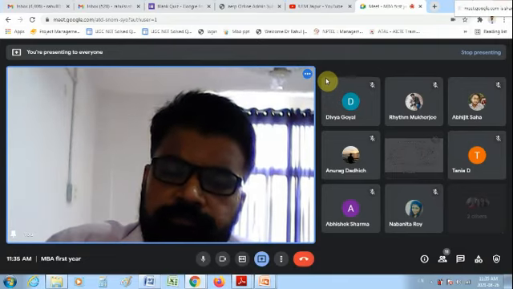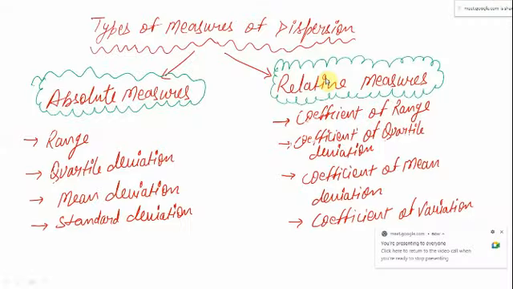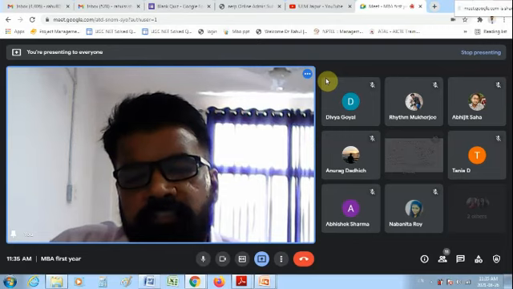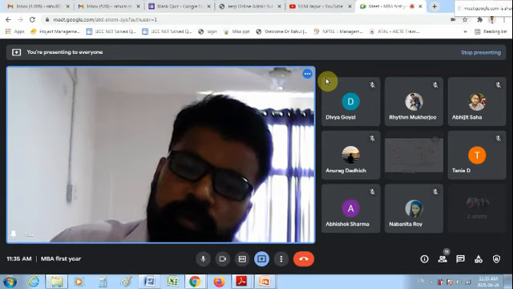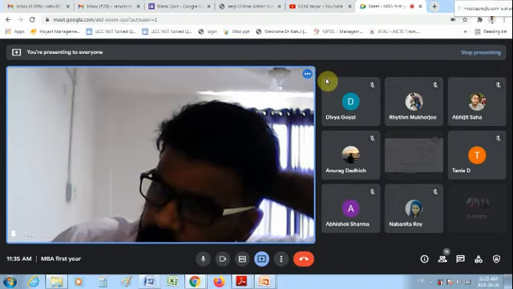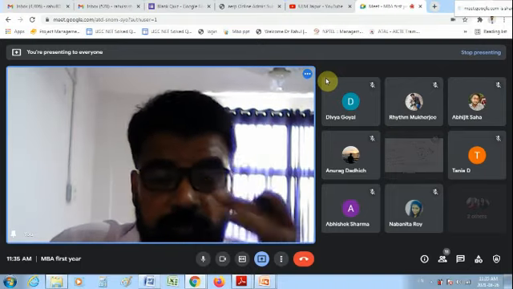Absolute measures are range, quartile deviation, mean deviation, and standard deviation. Relative measures are coefficient of range, coefficient of quartile deviation, coefficient of mean deviation, and coefficient of variation. Today we are going to start them numerically and understand the different formulas by which we can calculate these, right?